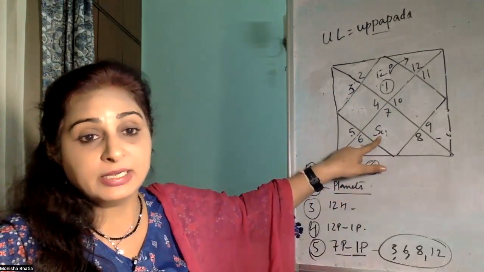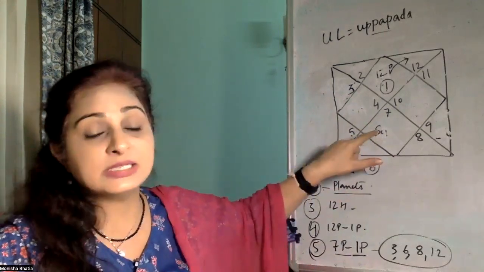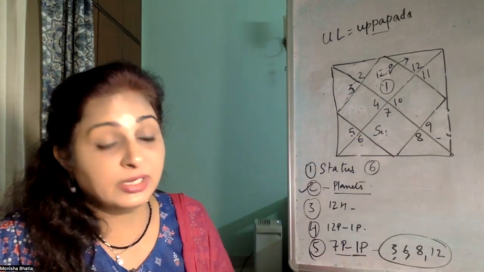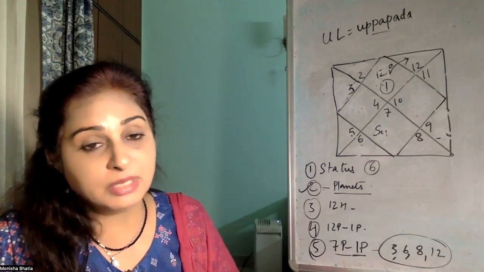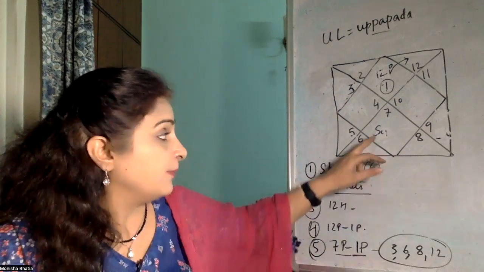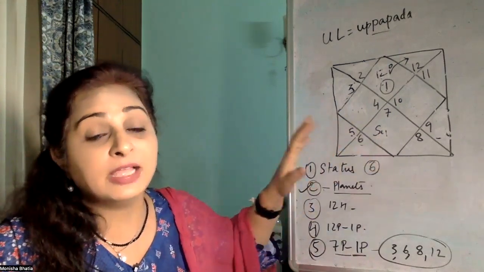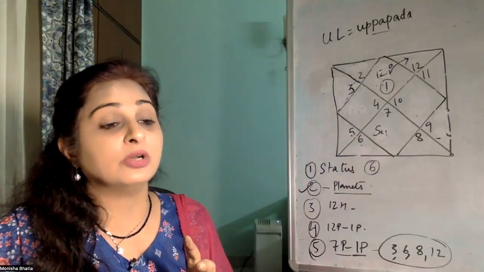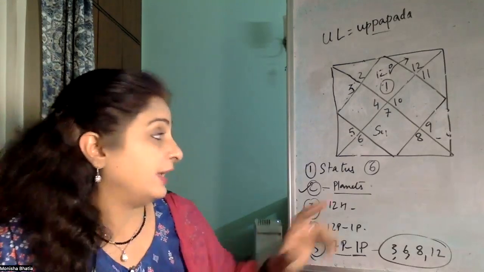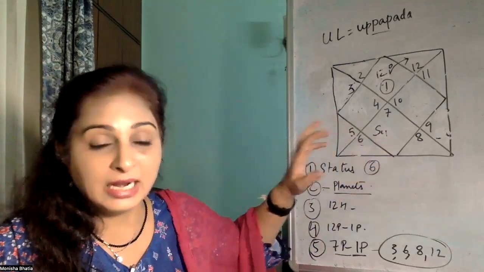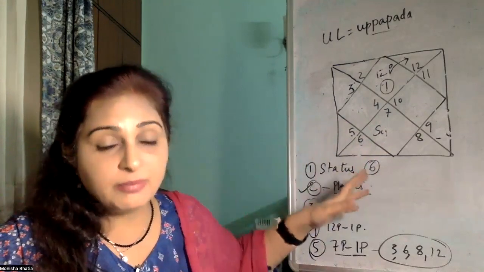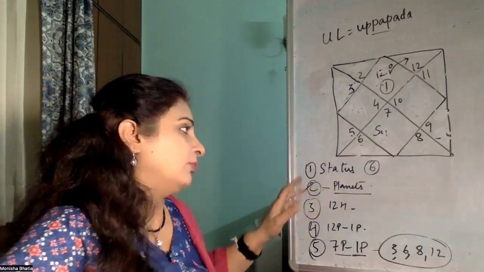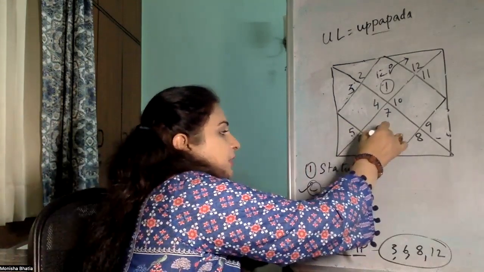But if the Sun is debilitated like this, or if the Sun is with planet Rahu, then the spouse could have some addictions like alcohol or some other form of addictive habits. If the Sun is sitting in some afflicted state here in the seventh house, the native can also go through some government actions. If the Sun is in a bad position, afflicted by malefics or by Rahu or Ketu, then the person can have difficulties.